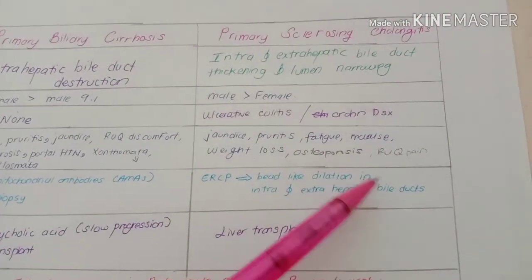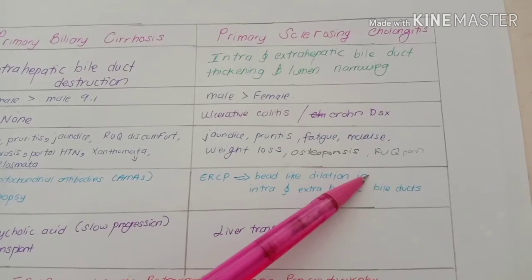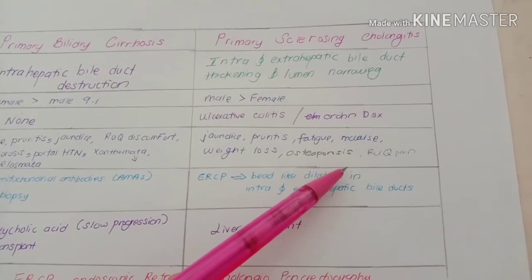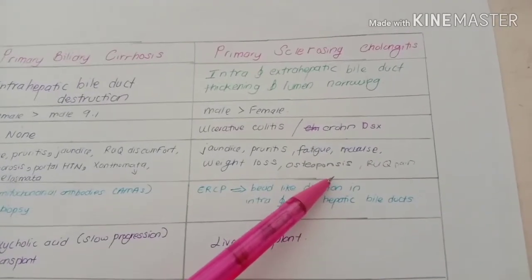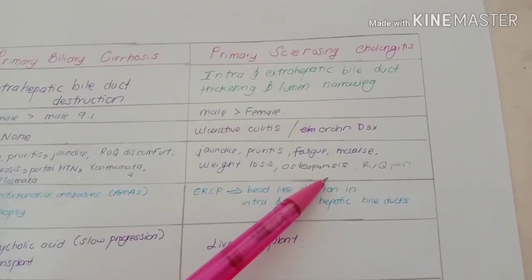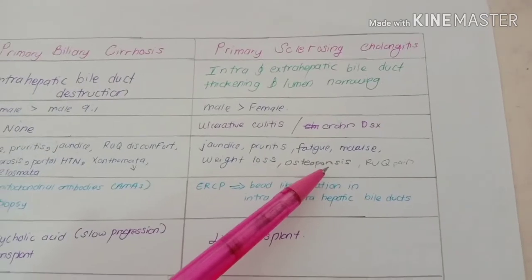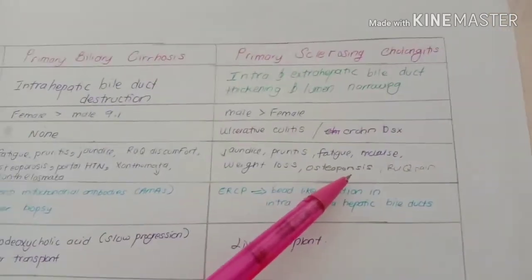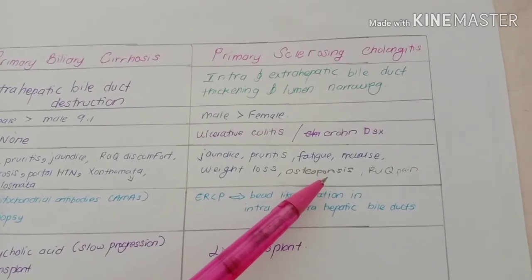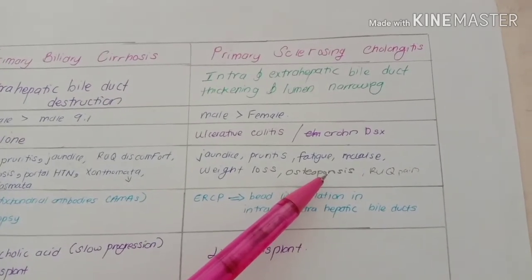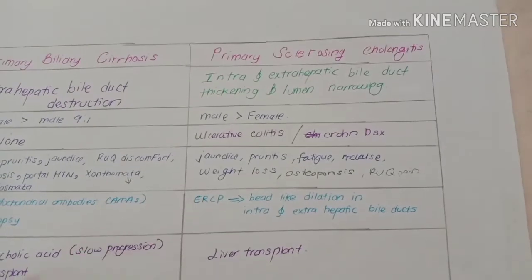The symptoms will include right upper quadrant pain also. The early symptoms for primary sclerosing cholangitis will be fatigue and itching only. Whereas as it progresses, you can see symptoms of right upper quadrant pain, fever, chills, night sweats, enlarged liver, enlarged spleen, weight loss, and also jaundice.